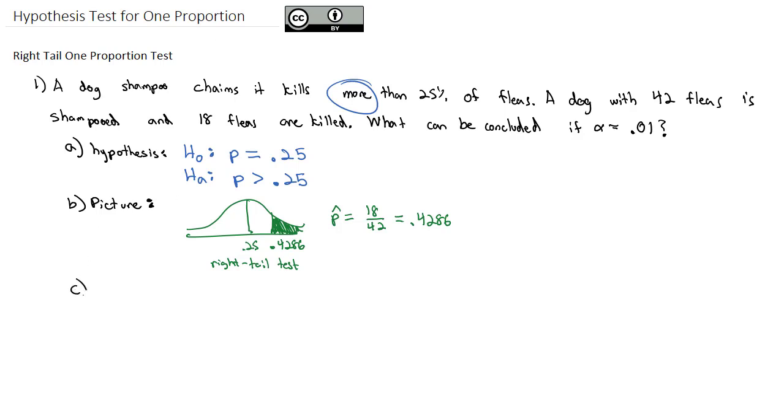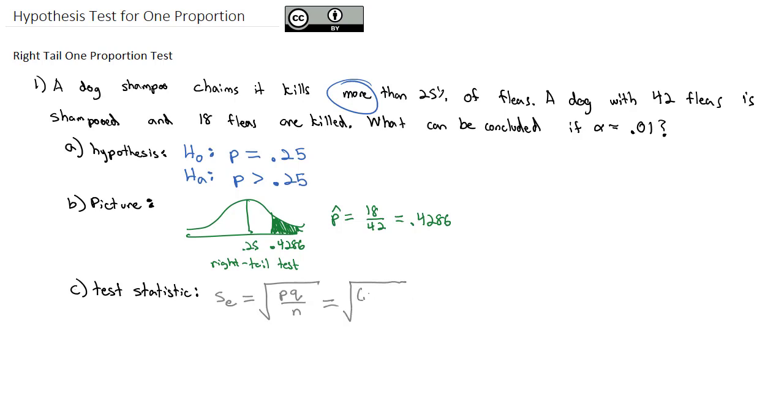After drawing a picture, we're ready to find the test statistic. For the test statistic, the first thing we need to find is the standard error. The standard error, you remember the formula from a prior video, is the square root of pq over n, where p and q come from that null hypothesis.